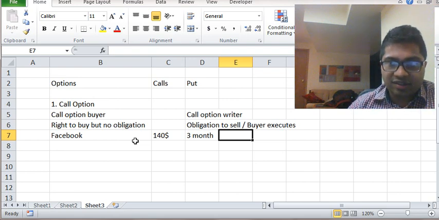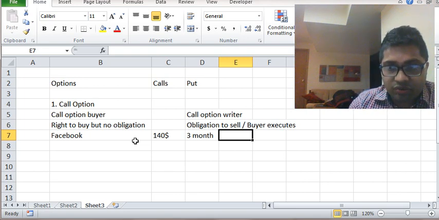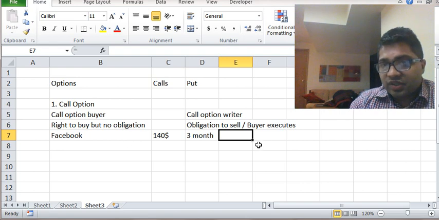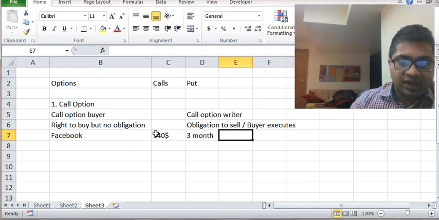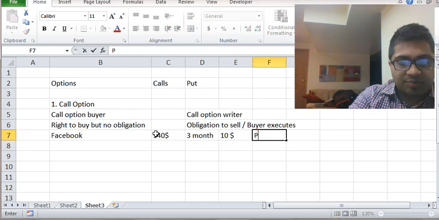Most of the options traded in North America on stocks are American options. On indexes they may be European, but for the time being just consider that you can execute any day. So within 3 months you can buy any day at $140, and this option is trading at $10. So $10 is the premium.